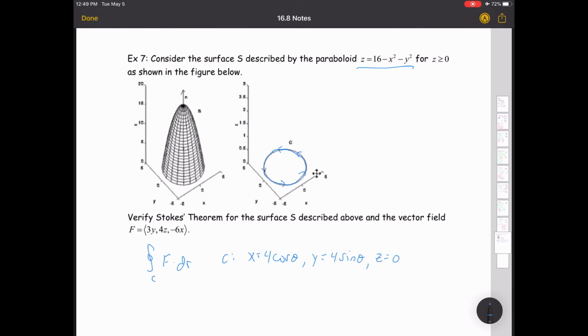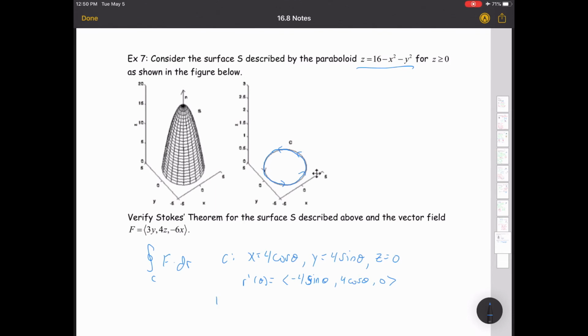So that's basically your r. So we know we're going to need r prime of theta. So r prime of theta is going to be negative 4 sine theta, 4 cosine theta, 0. Okay, that's r prime.